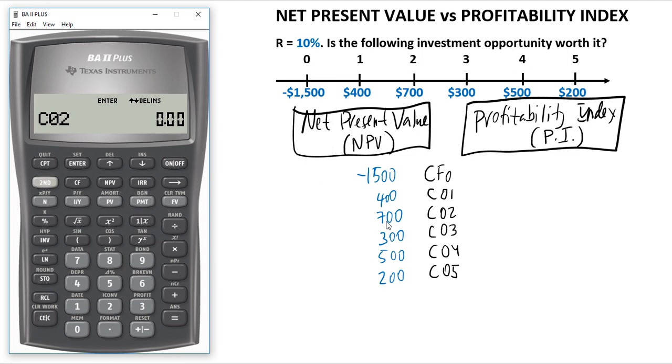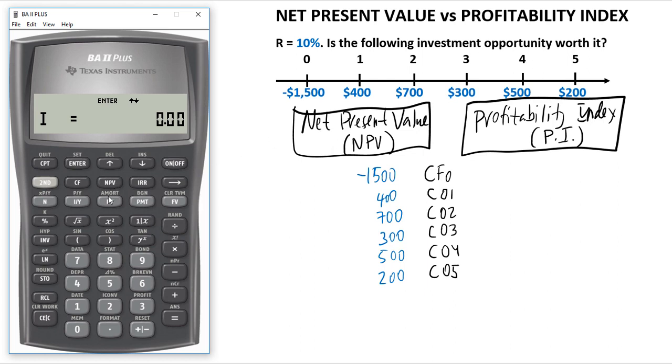Cash flow 2, 700, 2 years from today. 700, enter, down and down again. 300, enter, down and down again. Then we have 500, enter, down and down again, and the last one is 200 in year 5, enter, down and down again. Then we press the NPV button, net present value, which is exactly what we are calculating now.